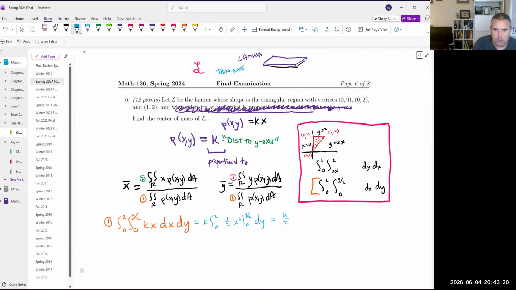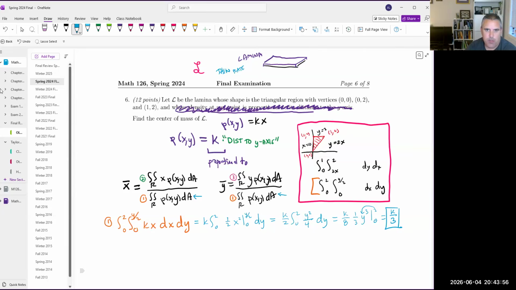So that's k over 2, the integral from 0 to 2 of y squared over 4 dy. So that's k over 8. And now I'm going to integrate y to the third with a 1/3 from 0 to 2. That makes an 8. So the 8's cancel. K over 3. That's what this is. This is k over 3.